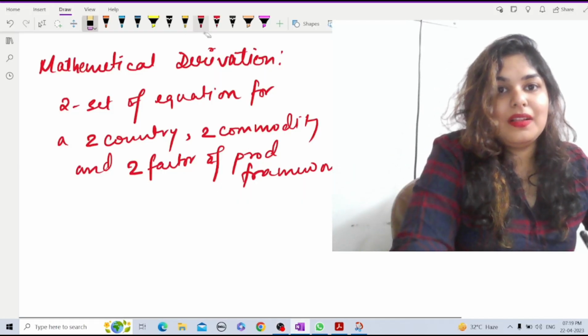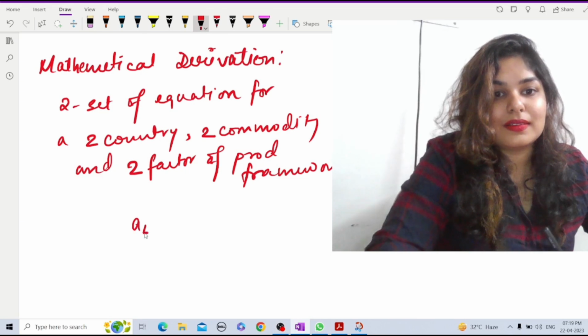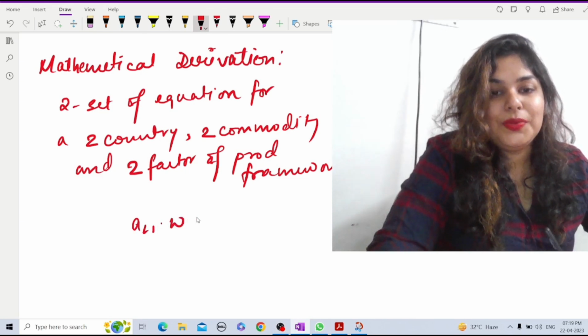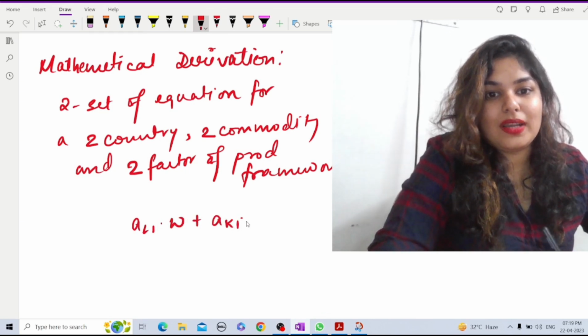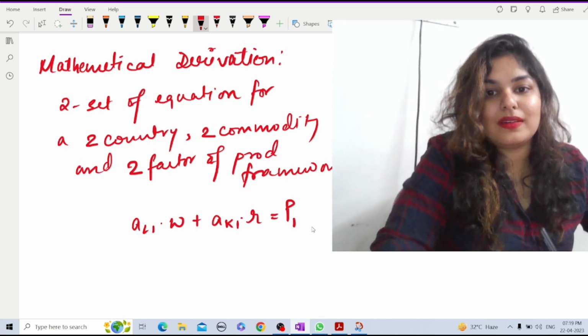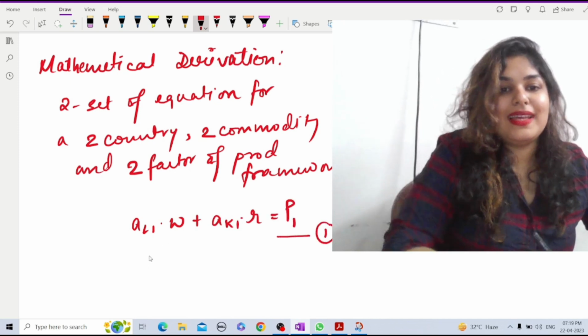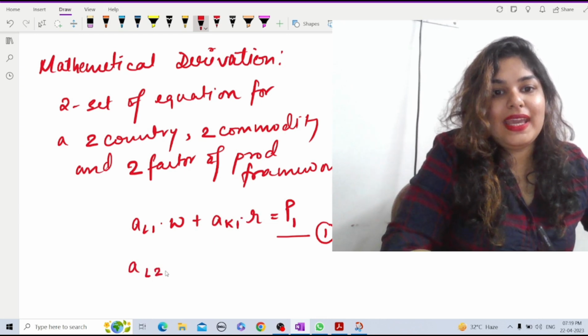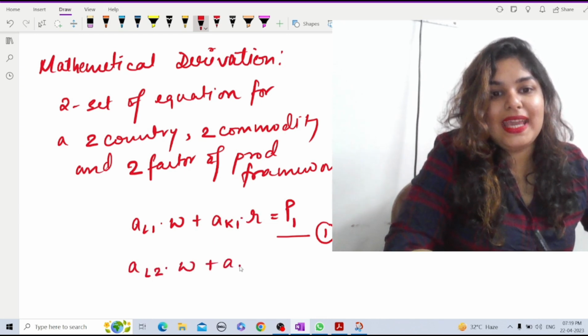That is AL1 into W plus AK1 into R is equal to P1. Let's say this is equation 1. And the next one is AL2 into W plus AK2 into R is equal to P2, and this is equation 2.